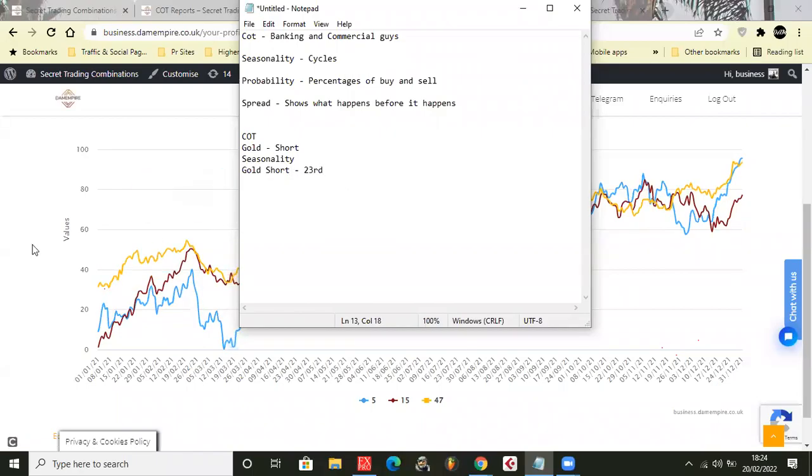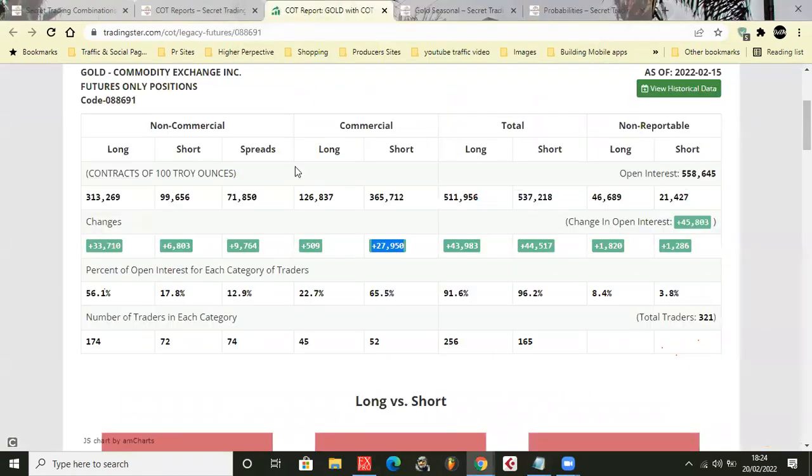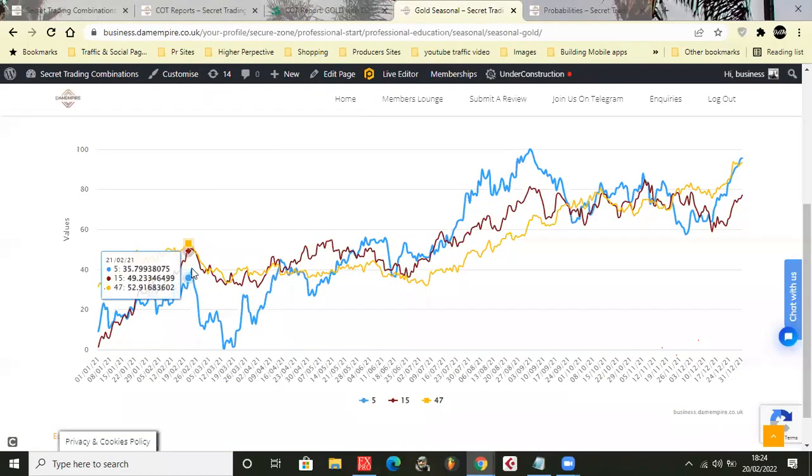Now, keep in mind something. First strategy told us we're going to go short, but it never told us the date we're going to go short, right? We know the price is going down, it's going to sell, but we don't know the date. The second tool shows us the exact date that we're going short. Now, sometimes those dates fall on a Saturday, on a Sunday, right? So you don't trade on those 2 days.